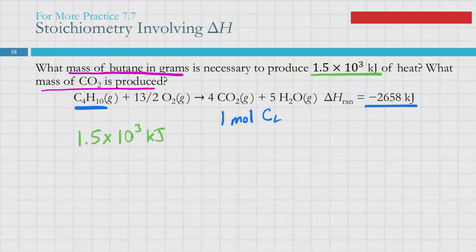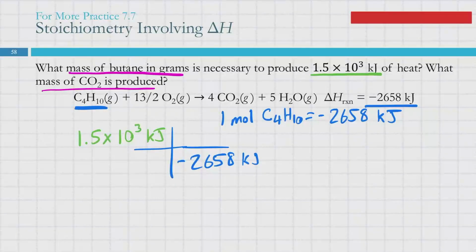So 1 mole C4H10, that's our butane. If we burn that, we'll get out 2,658 kilojoules. So this is our conversion factor between kilojoules and moles of butane.